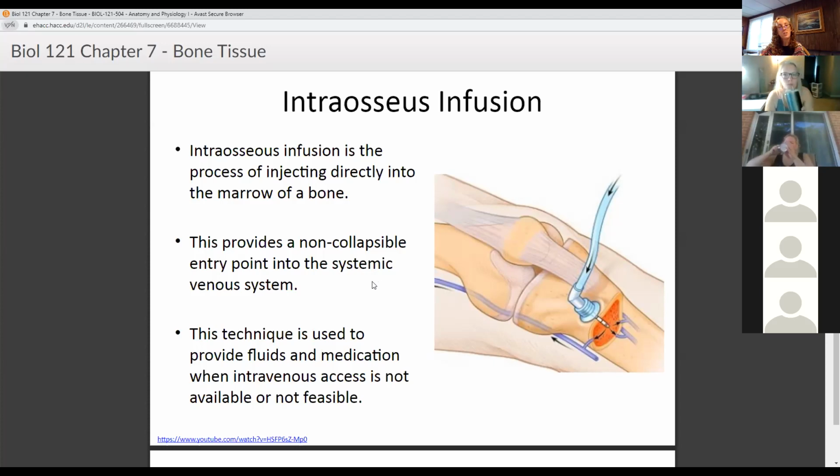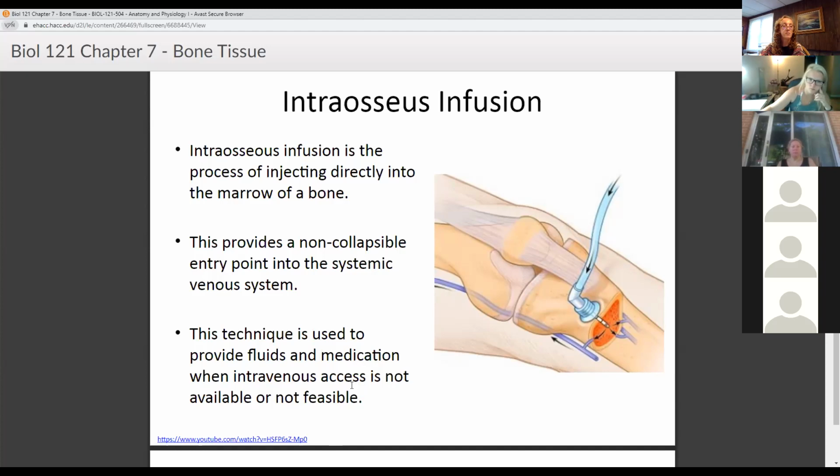So this provides a way into the venous blood system. Not easy, that doesn't look very comfortable, in all honesty. But this is a technique used to provide fluids and medication when intravenous access is not available or not feasible.